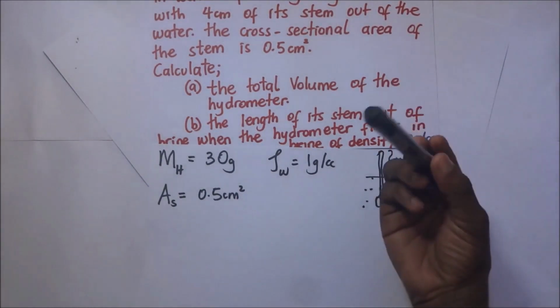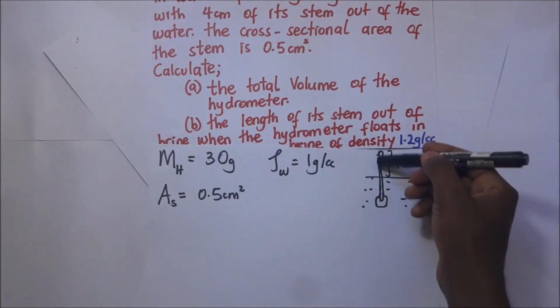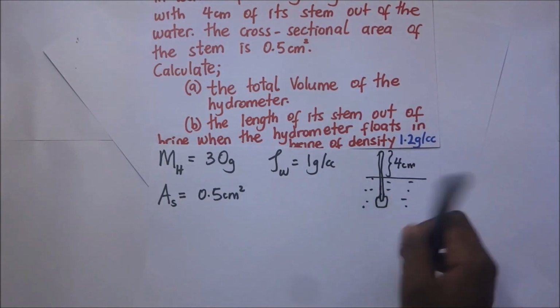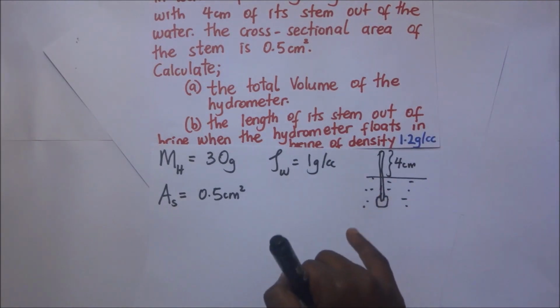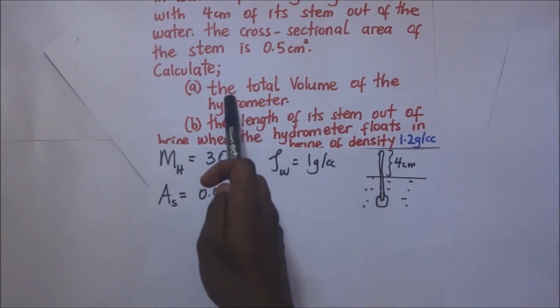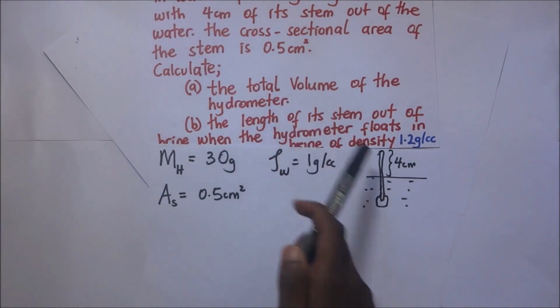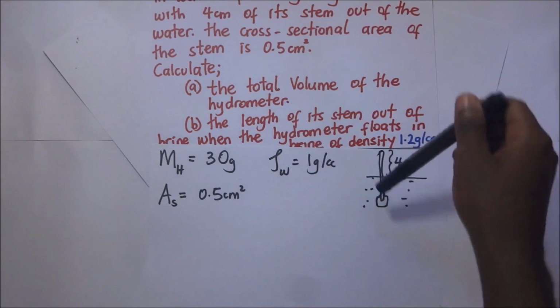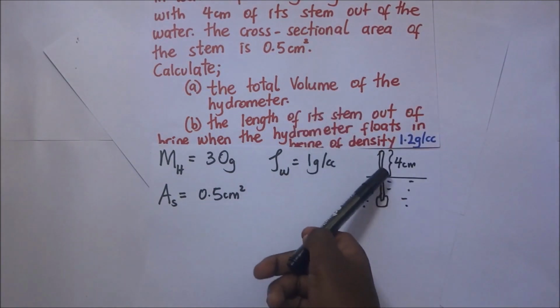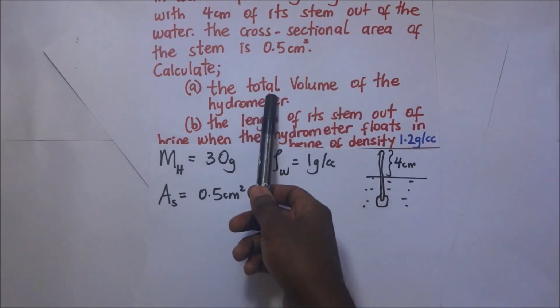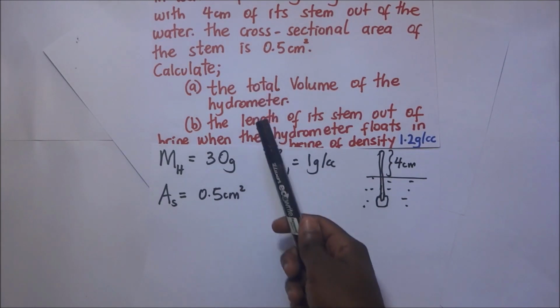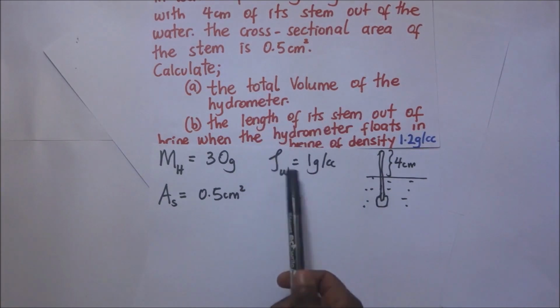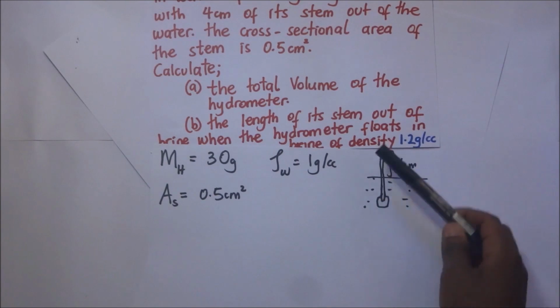And when it floats, the weight of this hydrometer is equivalent to the weight of the fluid it has displaced. So if we want to find the total volume of the hydrometer, we are going to figure that out from the principle with which it works. It works on the principle of flotation, and that is where we are going to begin from to find the volume of this thing.